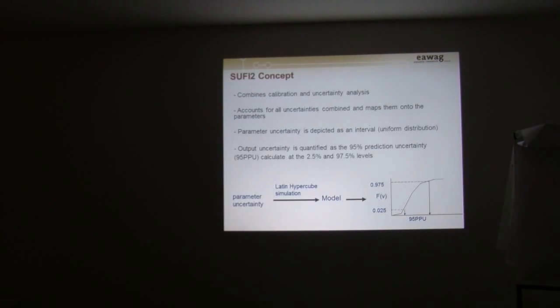Now the advantage of this over Monte Carlo is that if I take 4 samples from here, they may all fall at this corner, and I may not cover the whole range of my parameter space. By doing this, it's a sort of clustered randomized sampling, and you make sure that you cover the whole range of each parameter.